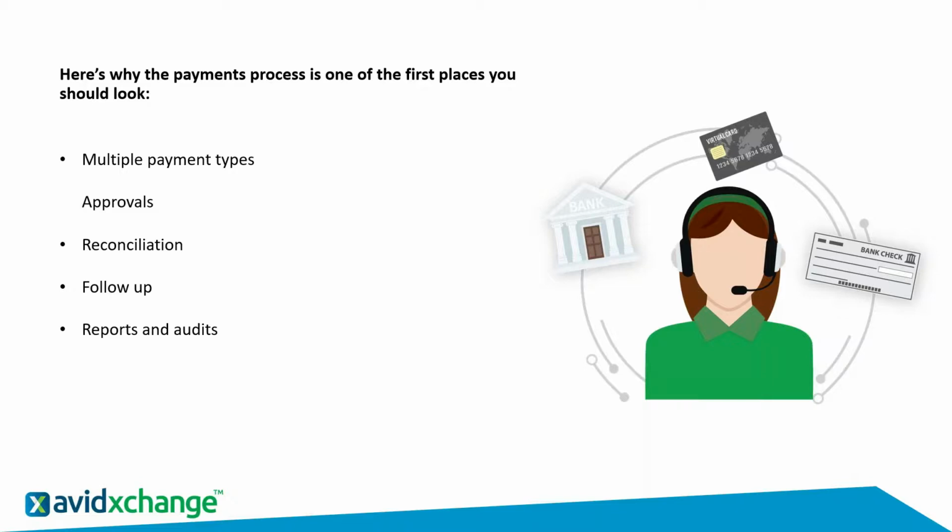So here's why payment automation is so important, and why it's one of the first places you should look. The first point being multiple payment types. Even though checks are still prevalent, most companies are still making at least some of their payments electronically, and that could be by ACH, maybe credit card or wire.